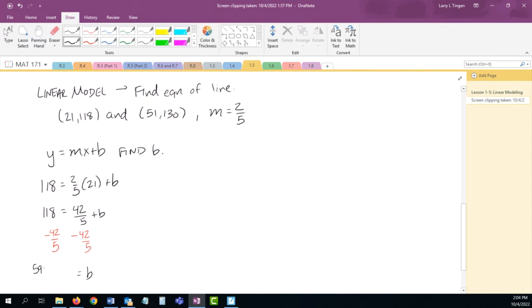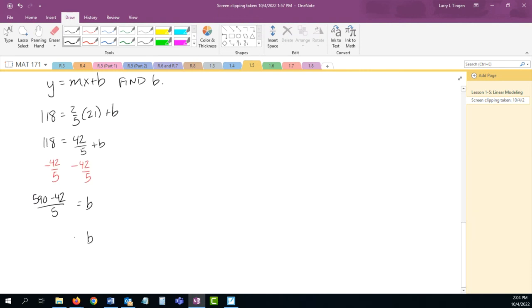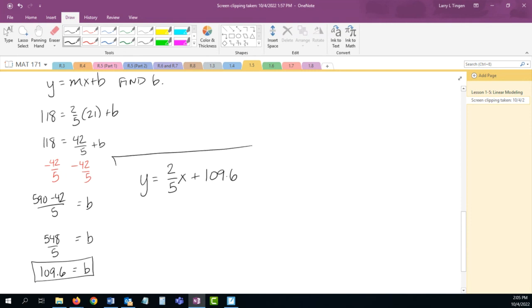So this ends up being 590 minus 42 over 5, which is 548 over 5, which is equal to 109.6. So there's my B value, and I know my slope. So the equation of the line, y is equal to, the slope is 2/5. The B value is 109.6.